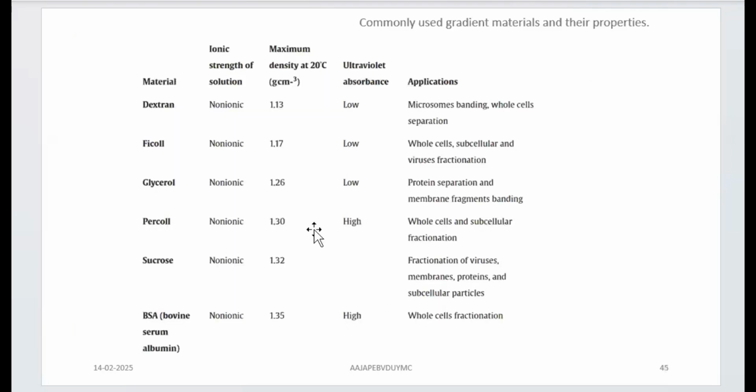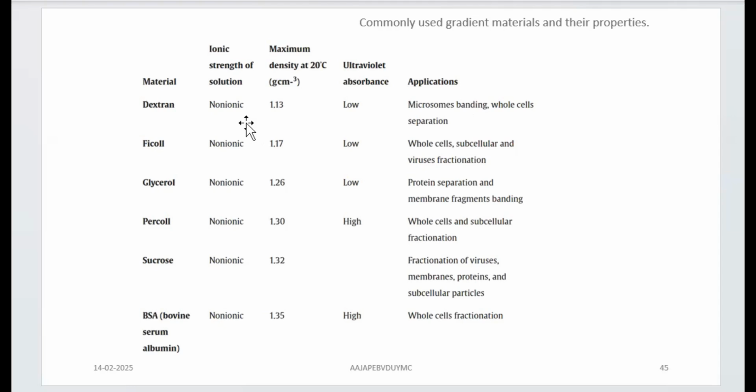Now, here is a list of different materials that are used and the purpose for which they are applied. For example, in column 1, you see dextran, Ficoll, glycerol, Percoll, sucrose, bovine serum albumin also as a material to develop the gradient. Now, if you talk about any of these, they are non-ionic solutions.